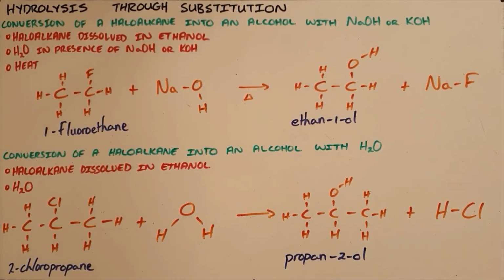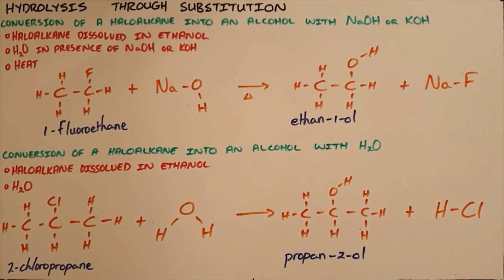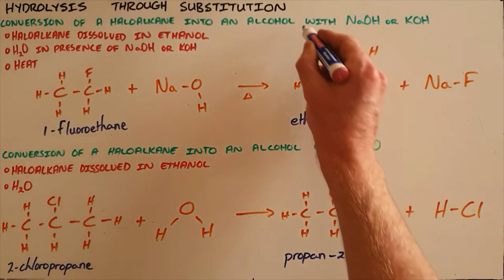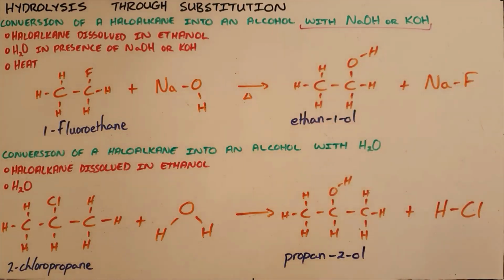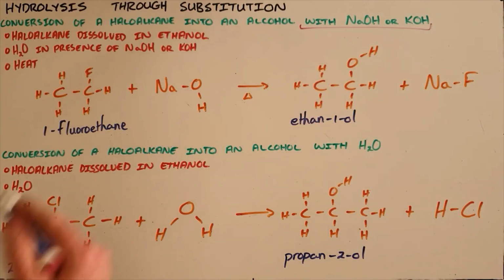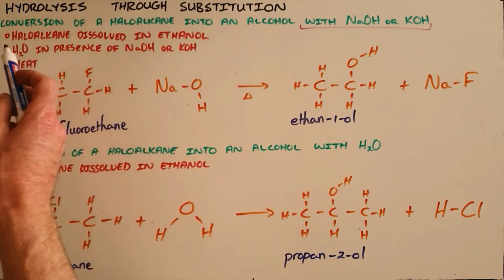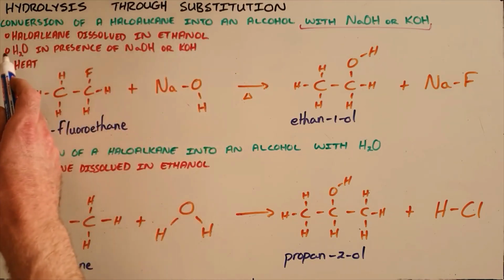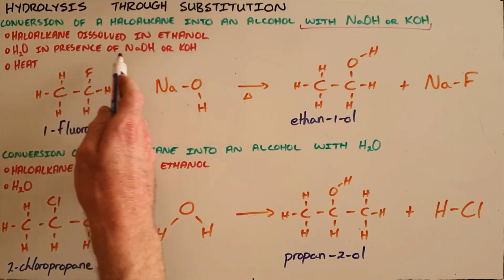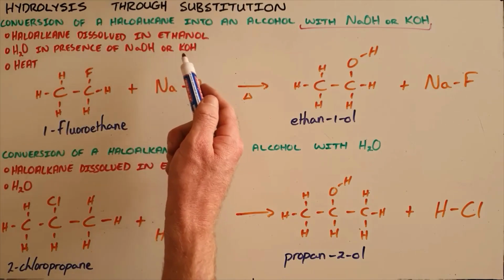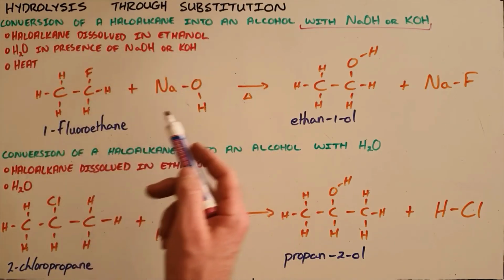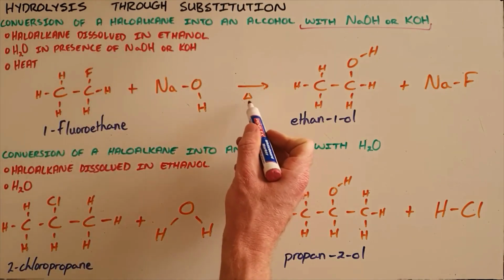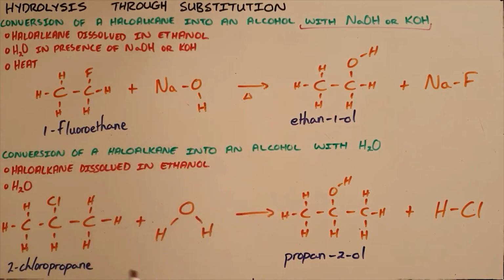Hydrolysis through substitution is the conversion of a haloalkane into an alcohol, and there are two ways in which that can be done. The first is with sodium hydroxide or potassium hydroxide. The specific conditions required for this type of reaction are firstly that the haloalkane must be dissolved in ethanol. Second, there must be water present and sodium hydroxide or potassium hydroxide, and the reaction solution must be heated, again demonstrated with the triangle underneath the arrow.